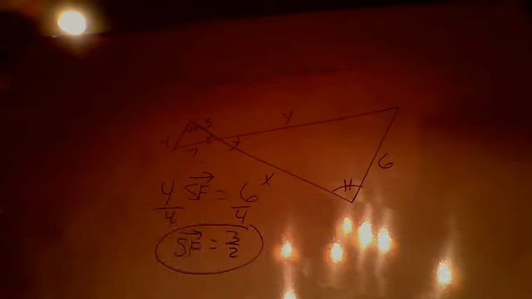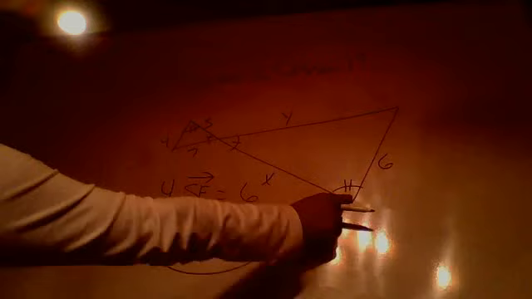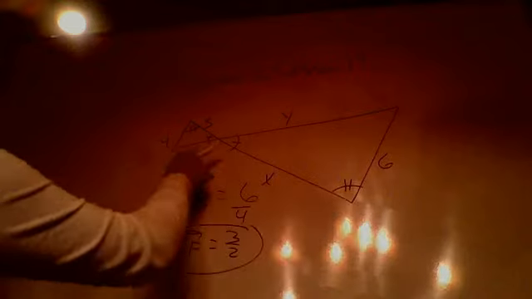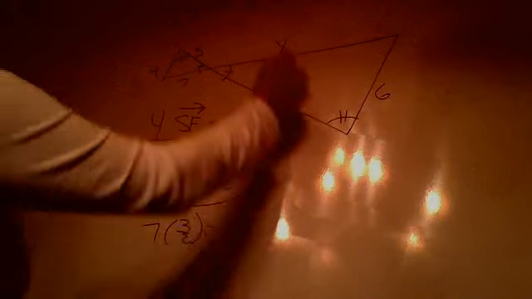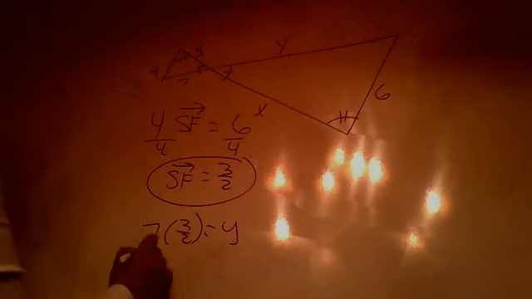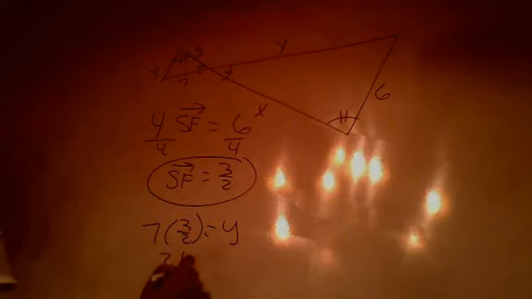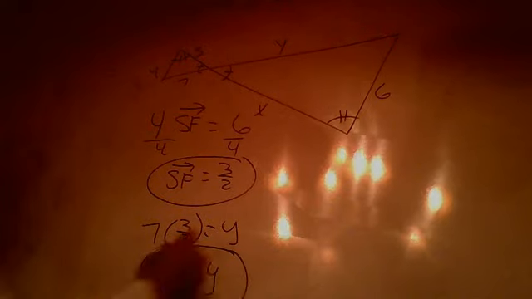Now we can say this one and this one are equal. So that is 7 times the scale factor 3/2 equals y. And we get 21/2 equals y.